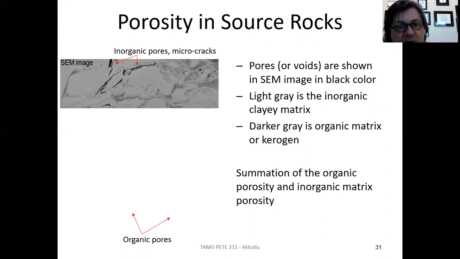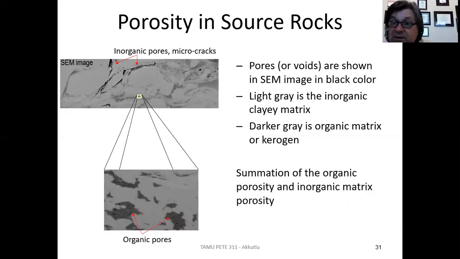But if you take a closer look at what's happening right here, you see there are little holes, like somebody took needles and punched holes in them. They look black here, kind of finely dispersed. If you take a close look at this area, you can see better. Now what you have here is the darker shaded regions being the organic matter.